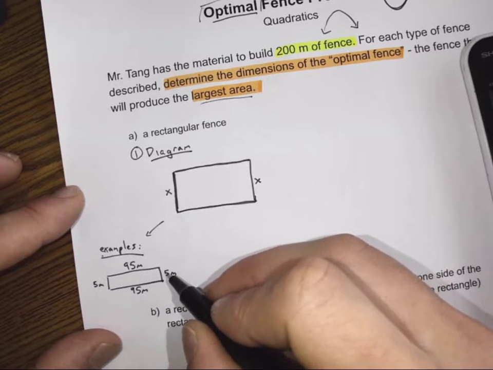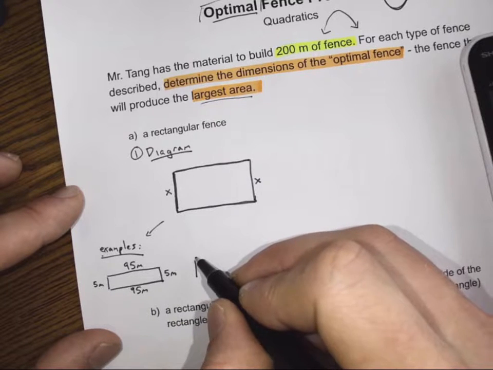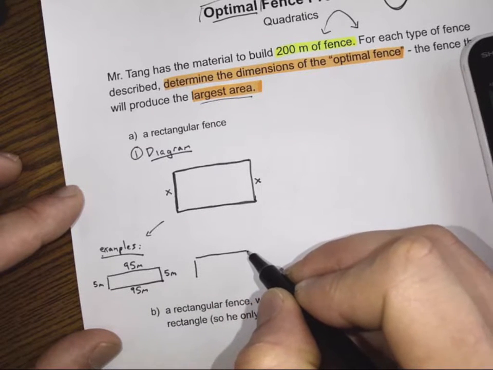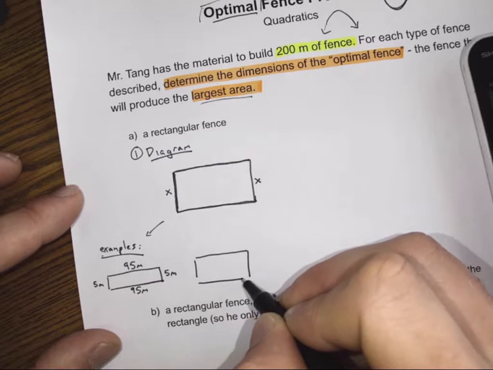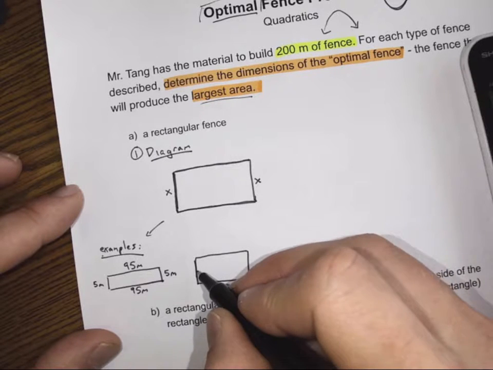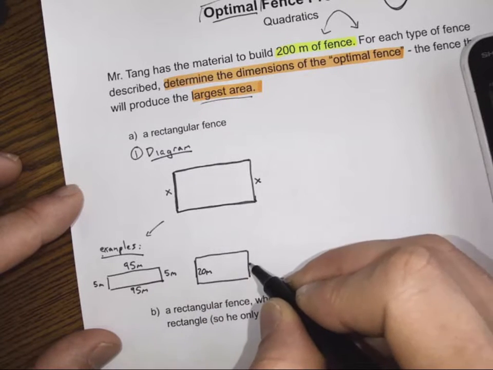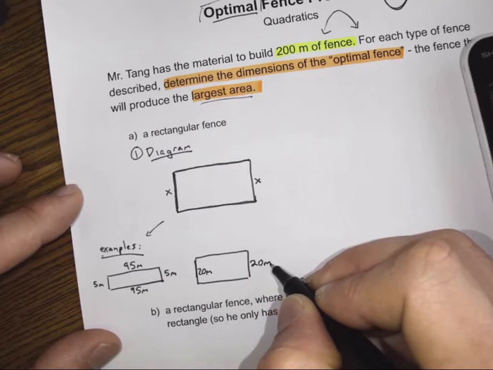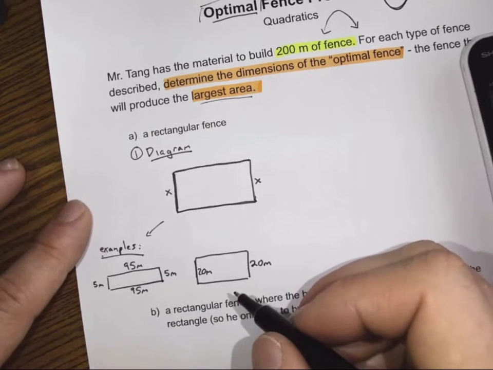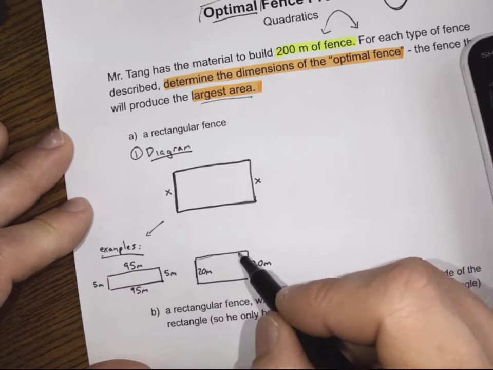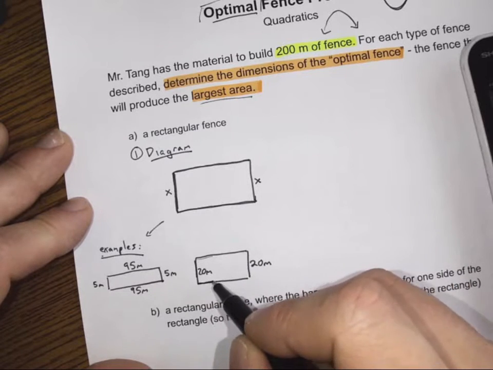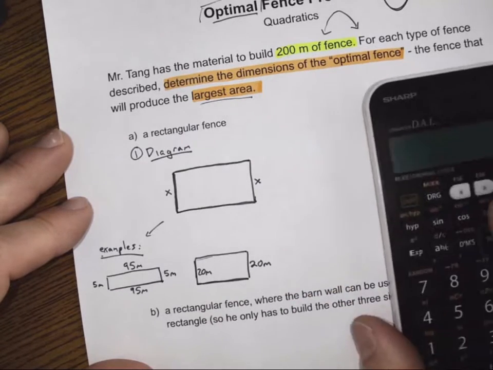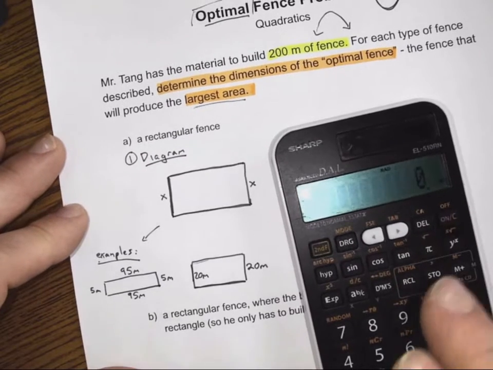All right, so I'm going to choose another random side length here. This time I'm going to make this side length 20 meters and 20 meters, and see how this affects the length of the side up top.